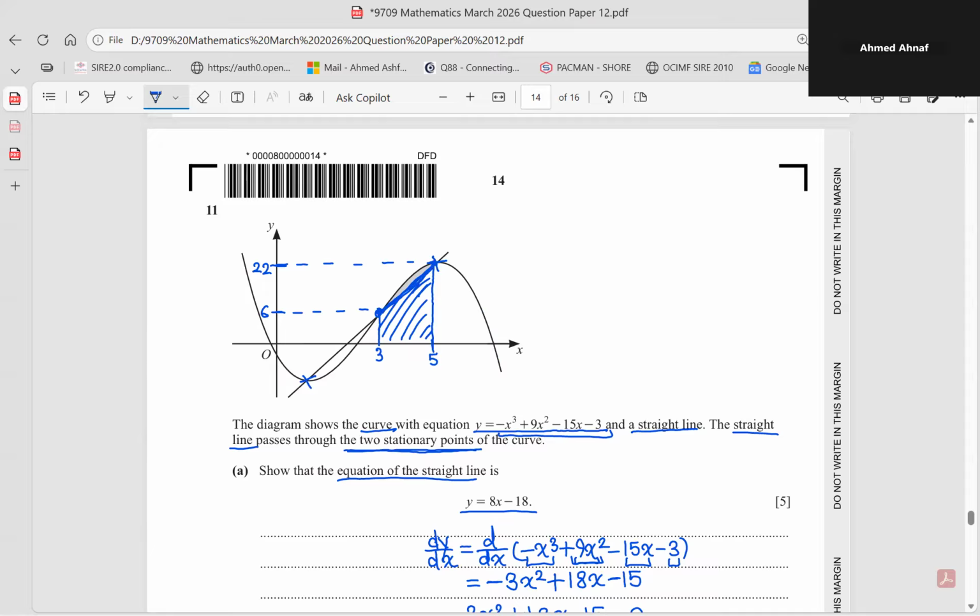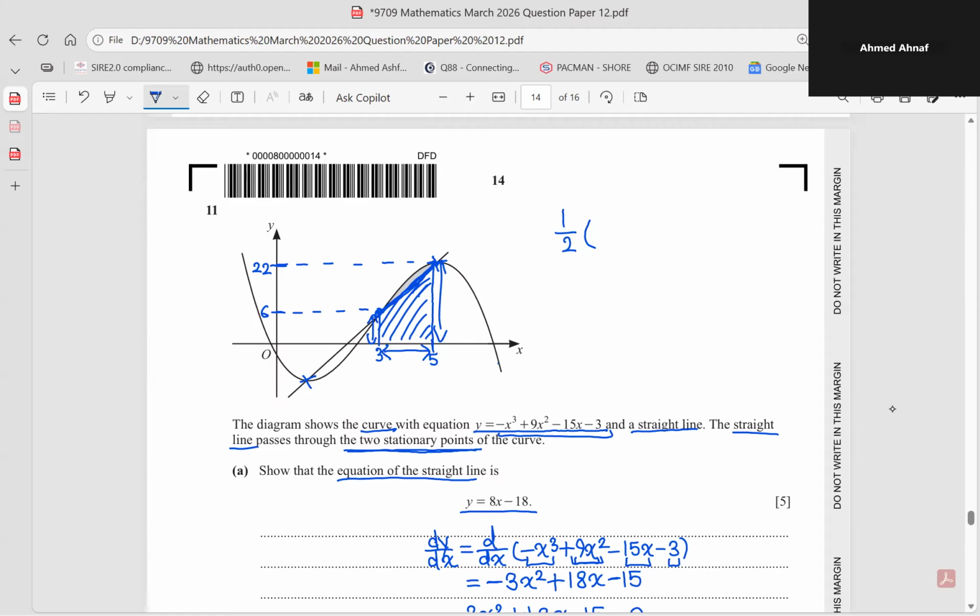Okay, so to find the area of the trapezium, you just take half times the sum of the parallel sides. So in this case it is this and this side, and you times by the height, which is basically this length.